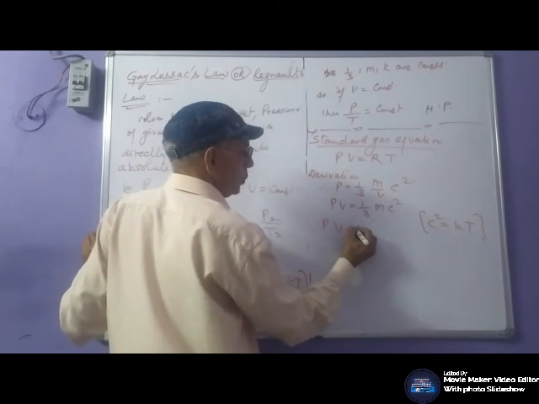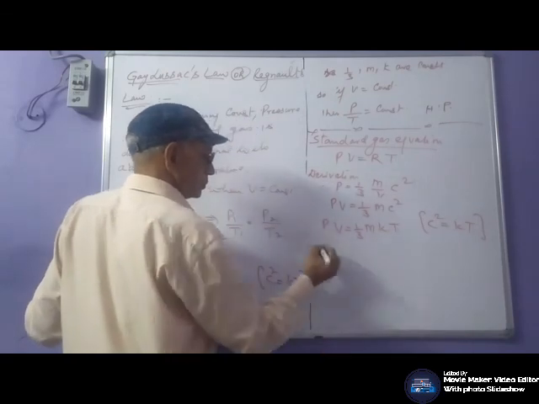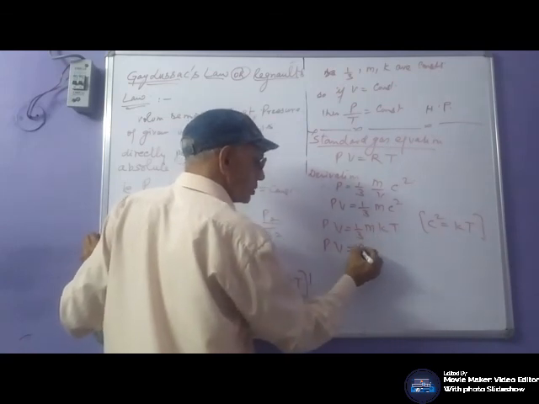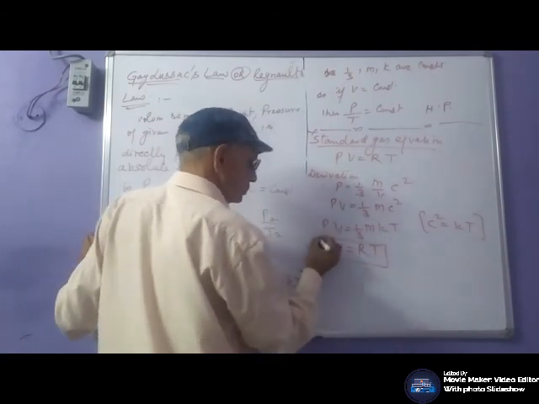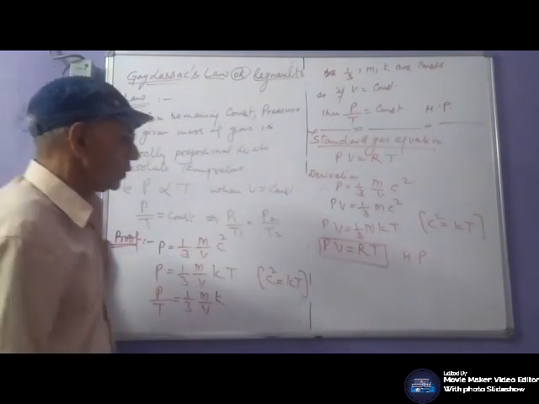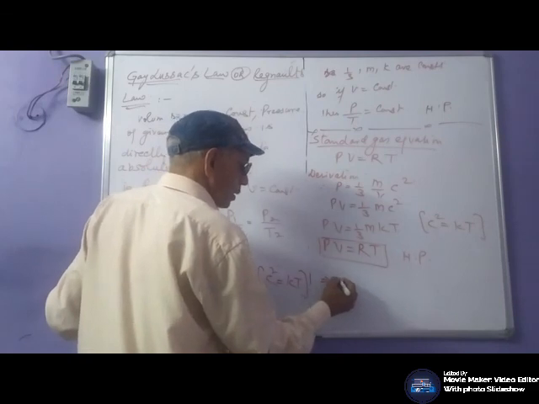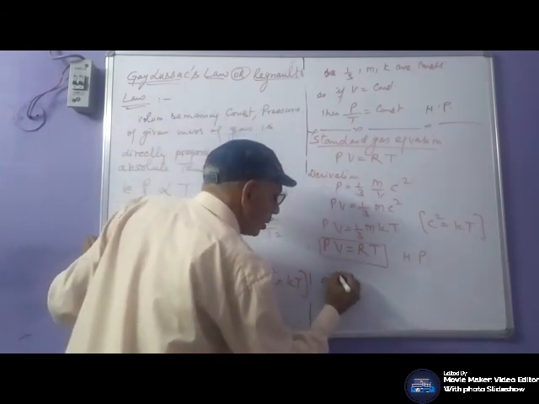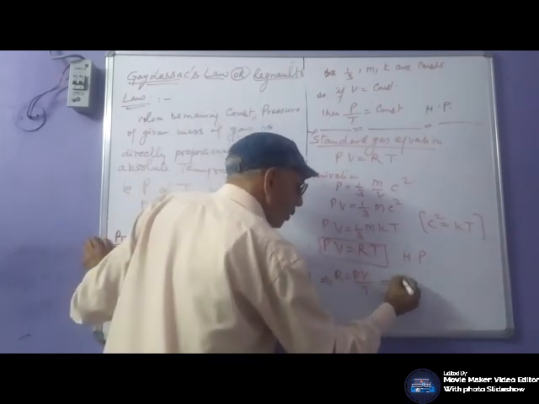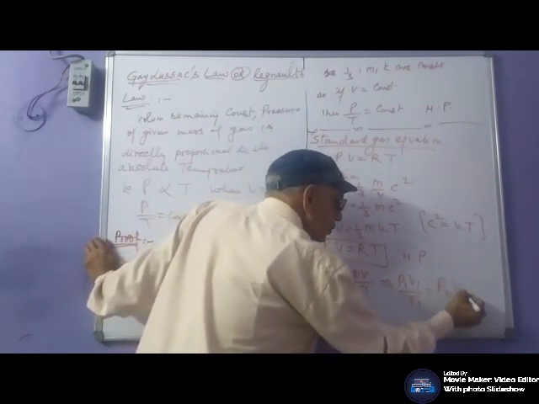Or PV is 1 by 3 m kT. This is constant, this is constant, this is constant, so PV by T is another constant. Hence proved. Or R is PV by T, or P1 V1 by T1 is P2 V2 by T2.